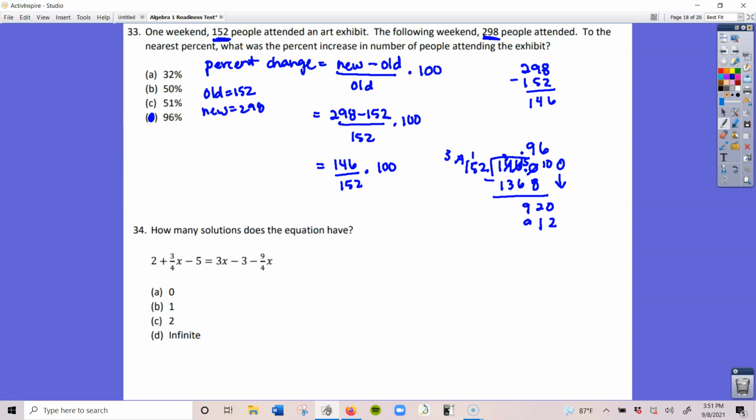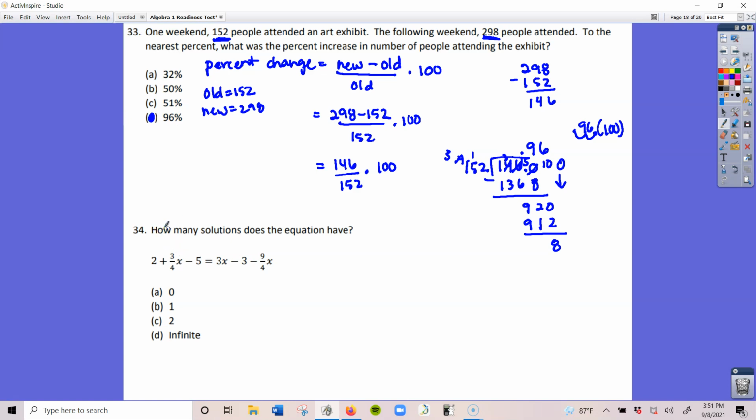And then this will be 9. And we end up with a remainder of 8. But I don't need to keep going because this is my percent. It's approximately 96% because 0.96 times 100 means I'm going to move the decimal over twice. So that is my 96%.